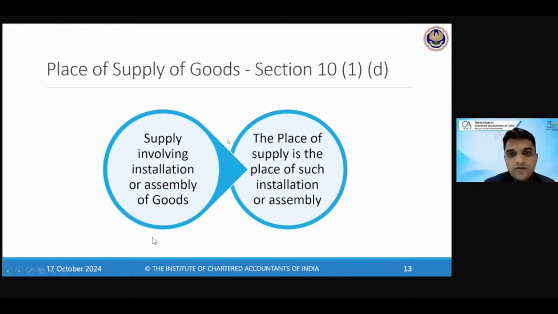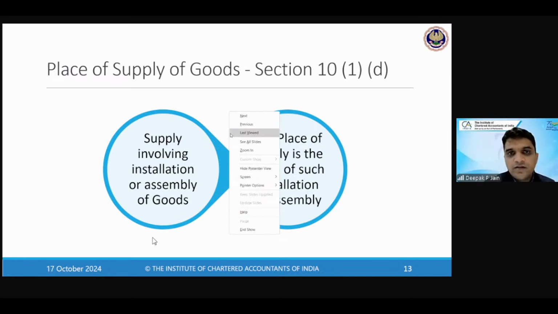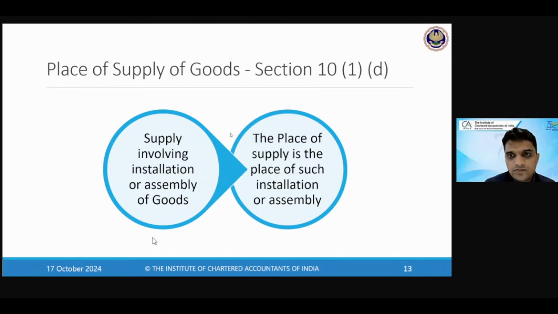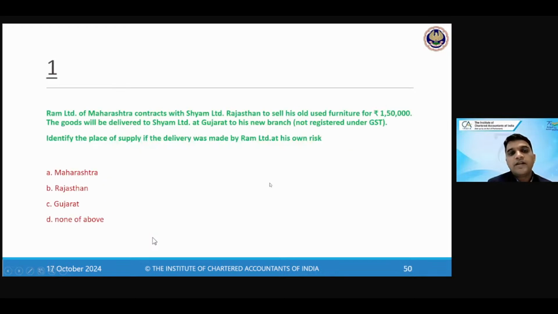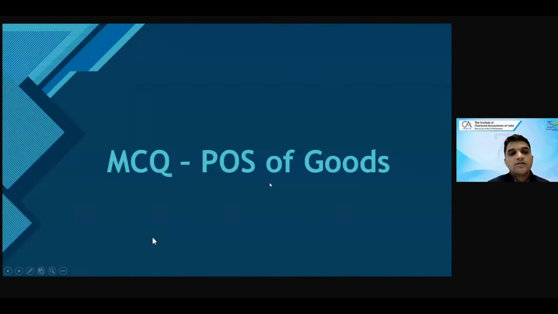Okay. So now we will go into the MCQs, then we'll deal with place of supply. So, MCQ for place of supply of goods.